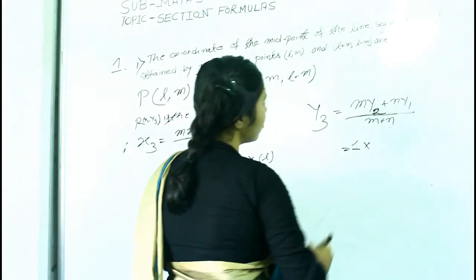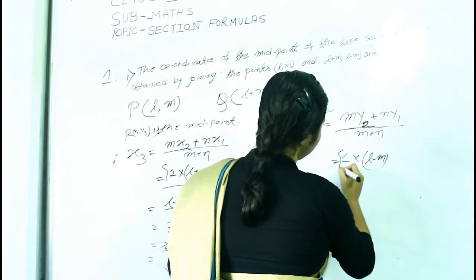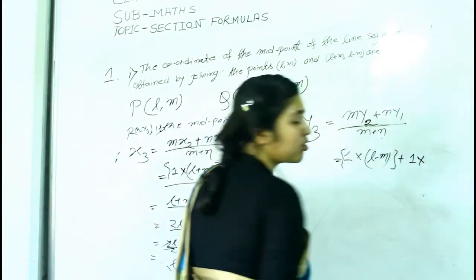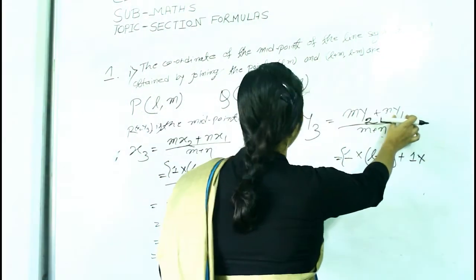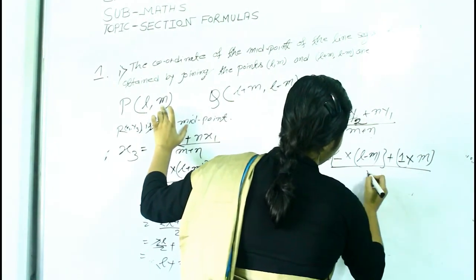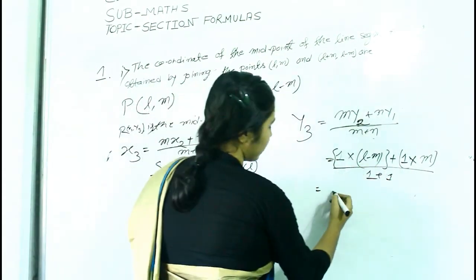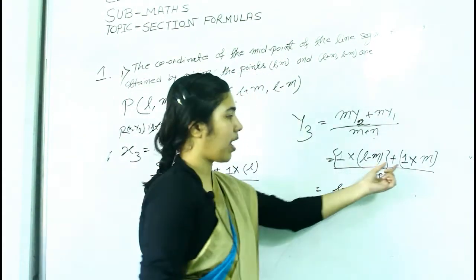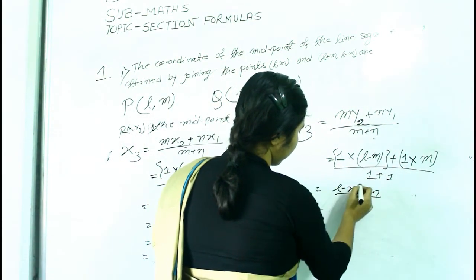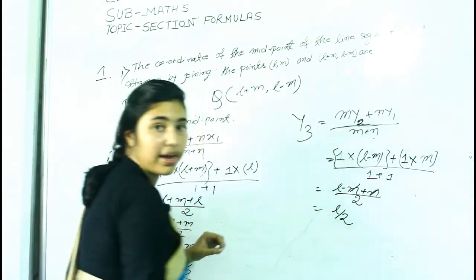So 1 into y2, L minus M, and the value of N is also 1 and put the value of y1, which is M. M plus N, 1 plus 1. Next 1 into L minus M, L minus M plus 1 into M by 2. Now cancel plus M minus M. So our answer is L by 2.